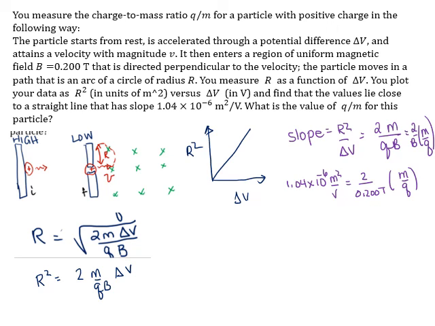We'd like to find q over m, so q over m will be 2 divided by 0.200 teslas, and then that's going to be divided by 1.04 times 10 to the minus 6 meters squared per volt. Put that through the calculator and we get a charge to mass ratio of 1.04 times 10 to the minus 5 coulombs per kilogram.